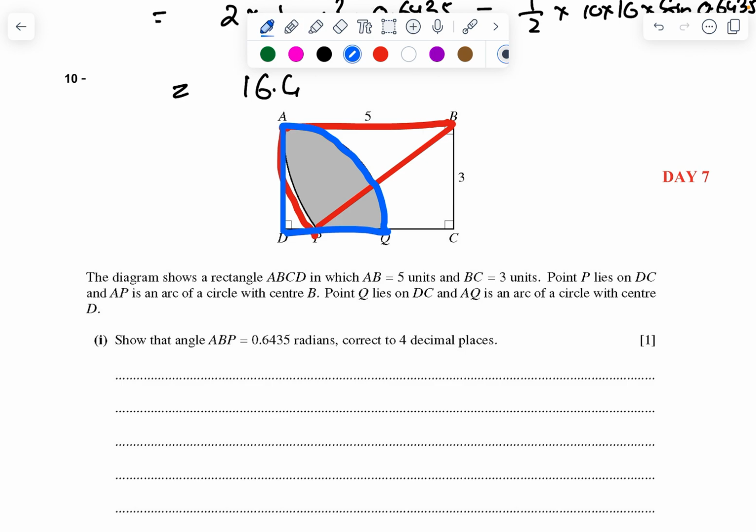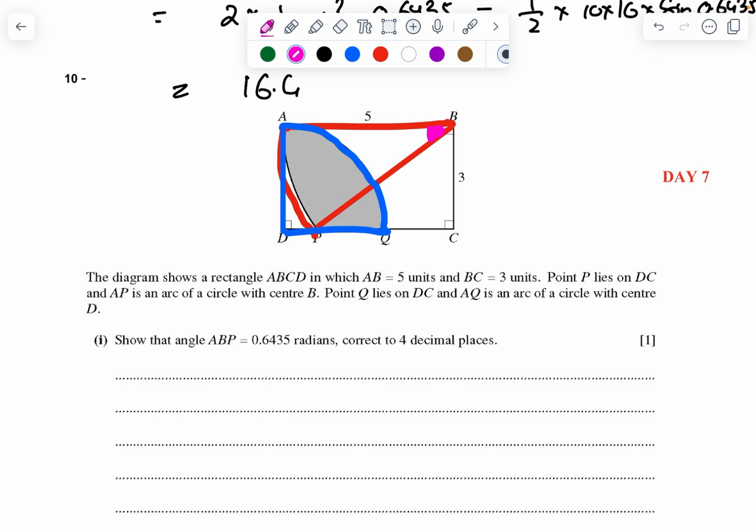Then show that angle ABP equals 0.6435. So what am I going to do? Where is ABP? This particular angle, we are asked to prove that it is 0.6435.